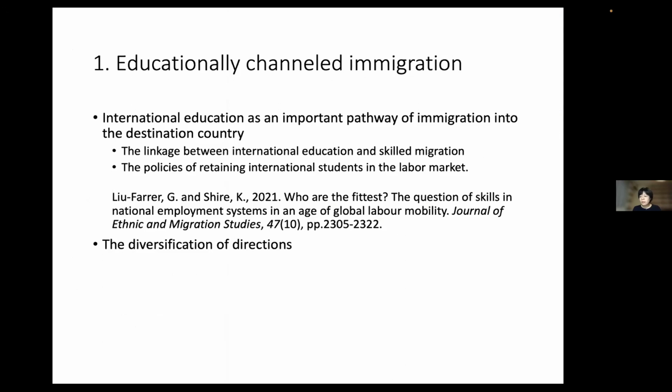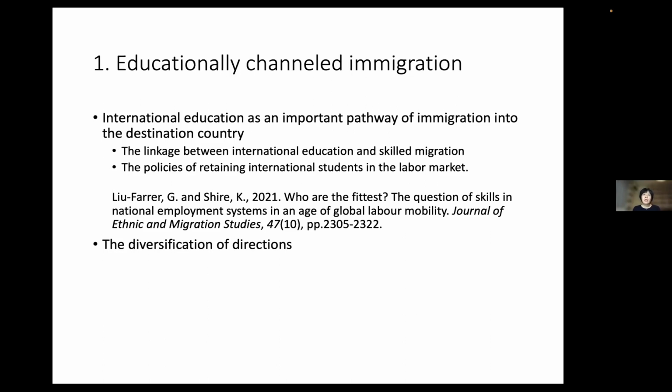International student visa is not considered immigration visa in the United States, for example, but one statistics show that 10 years after a lot of doctoral students graduated from US higher education, 80% of Chinese and Indians still stayed in the country. And many states, national states, have policies that favor international students' employment.